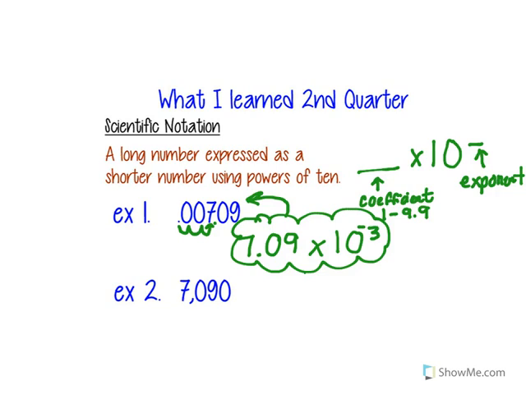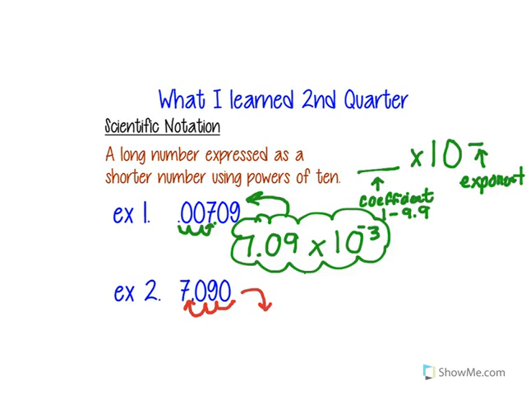All right, for example 2, we have 7,090. If we wanted to write that in scientific notation, the decimal, as of right now, you can't see it, but the decimal is really at the very end, and that's what makes this number 7,090. So we want to move the decimal place to the left 3 spaces to make this a number between 1 and 9.9.